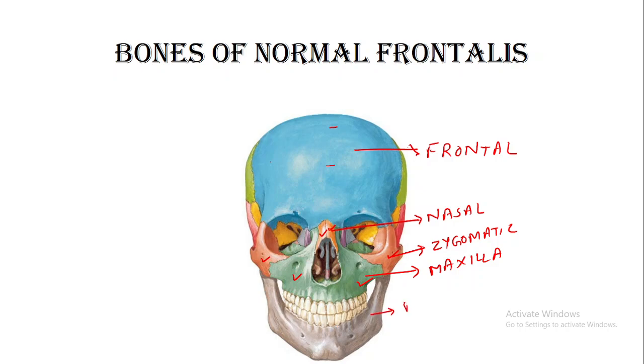And lastly, mandible. So these are the five bones which form the major portion of norma frontalis: the frontal bone, paired nasal bones, paired maxilla, paired zygomatic bones, and the mandible, which is an unpaired bone.